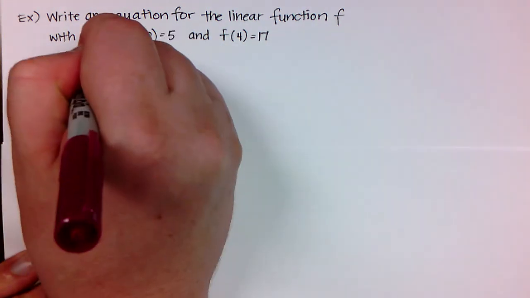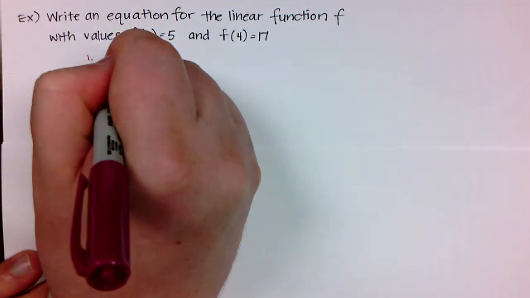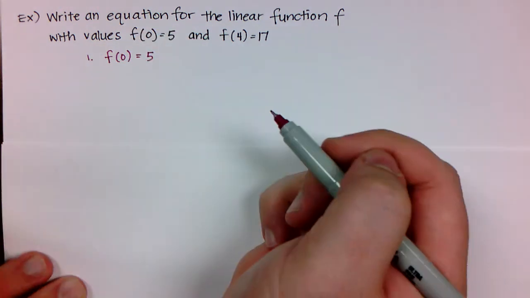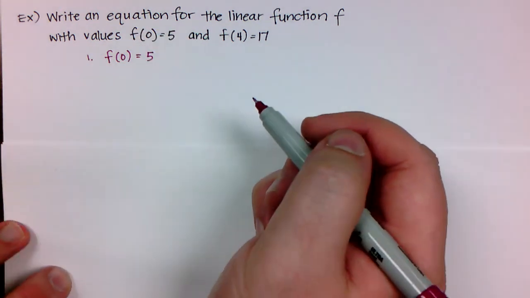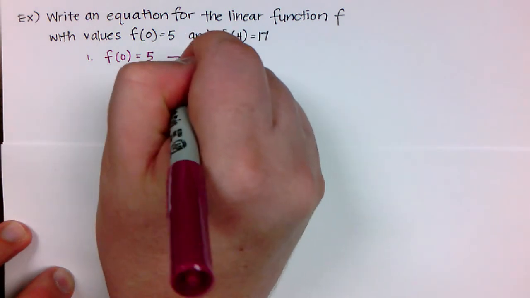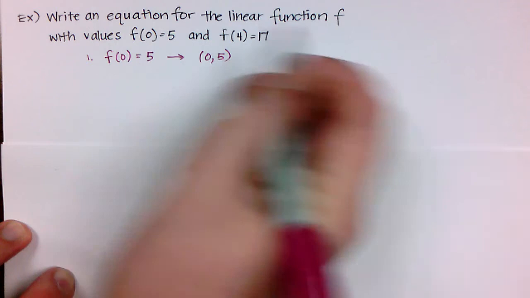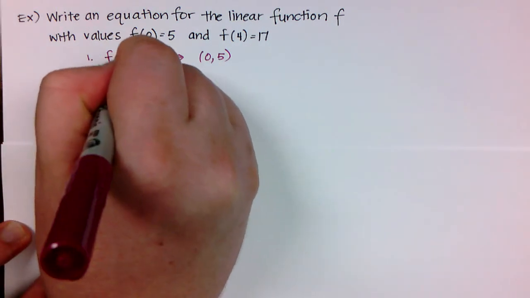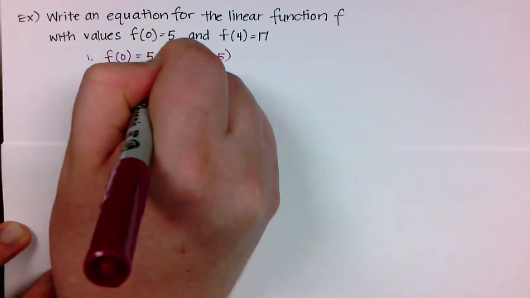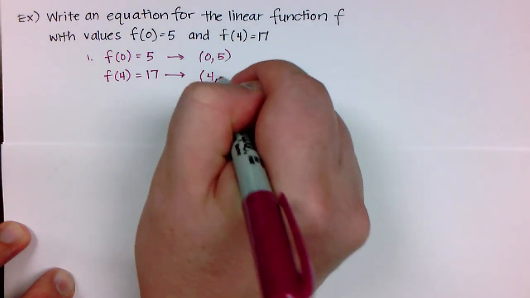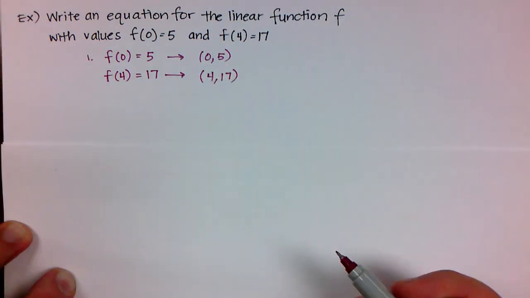So I would say first what I would do is maybe just clarify what each of these mean. So the function of 0 when it's equal to 5 is really telling you this coordinate, (0, 5). And same with the function of 4 when it's equal to 17 is really giving you the coordinate (4, 17).